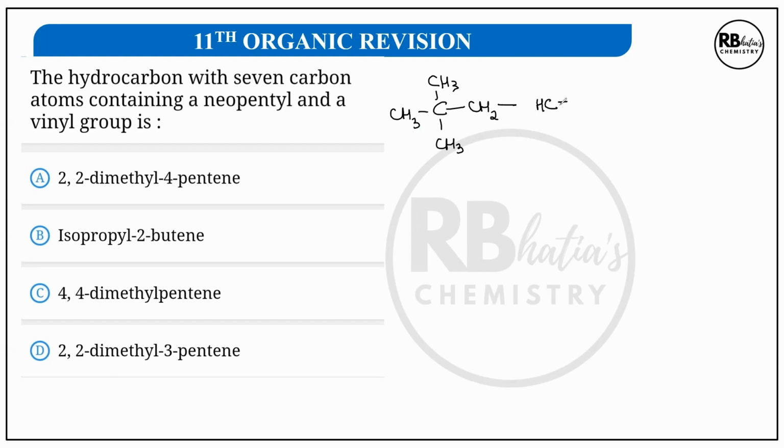Vinyl group is the ethenyl group. This is the vinyl group. And this has already covered a total of 7 carbons, 5 here and 2 here. So I just connect the 2 together. And now this structure becomes 1, 2, 3, 4, 5. C part, 4,4-dimethylpent-1-ene.